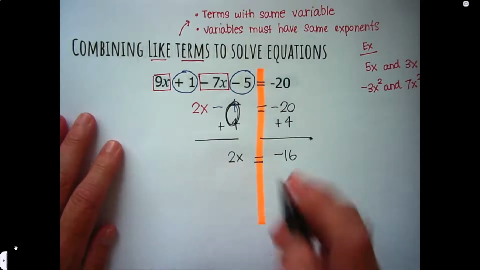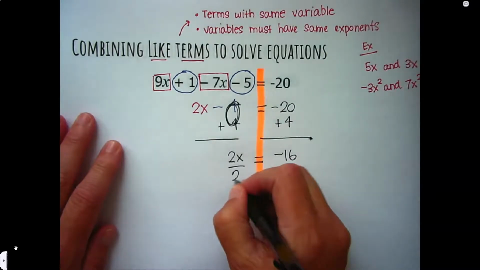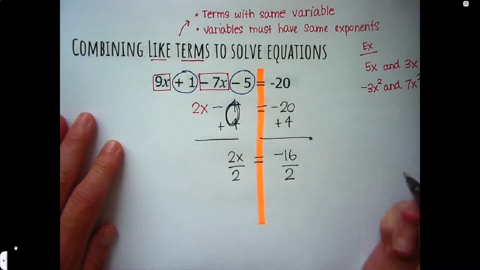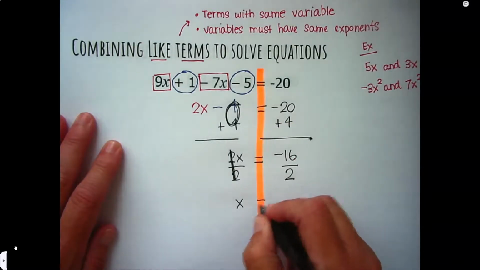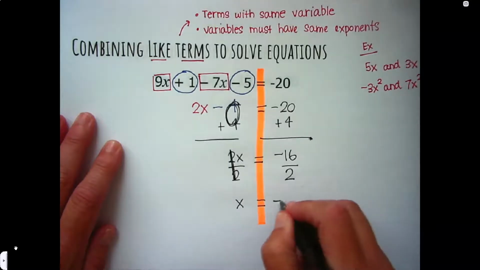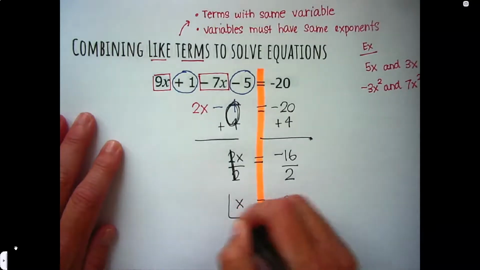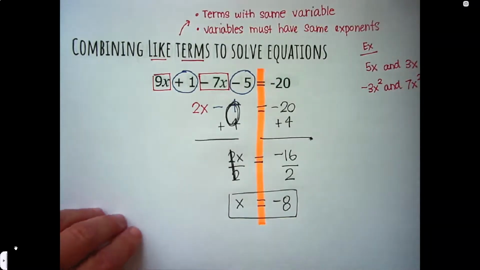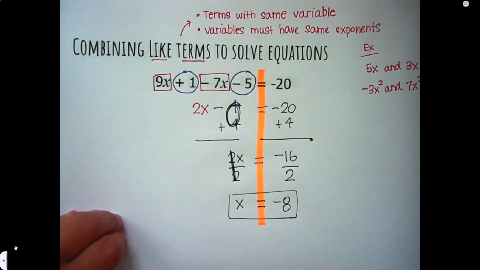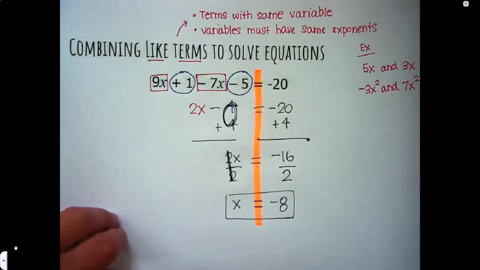It's 2 times x. So I'll do the opposite and divide by 2. 2 divided by 2 is 1. So now I have 1x, which is what I want. Negative 16 divided by 2 is a negative 8. So in this equation, the solution is x equals a negative 8. Combining like terms, terms that have the same variables with the same exponents on those variables.